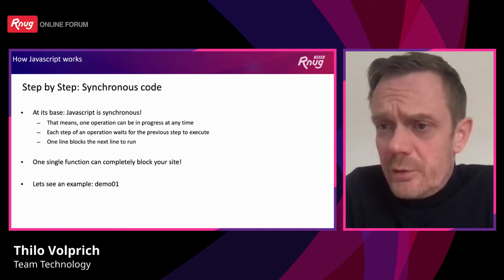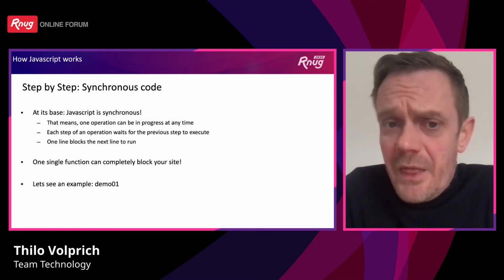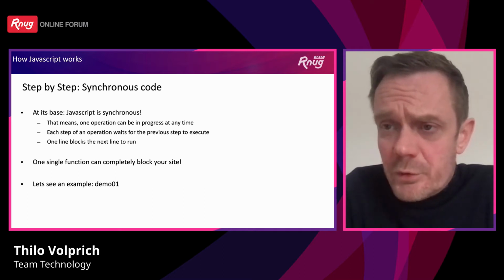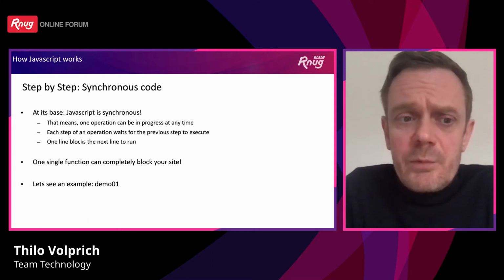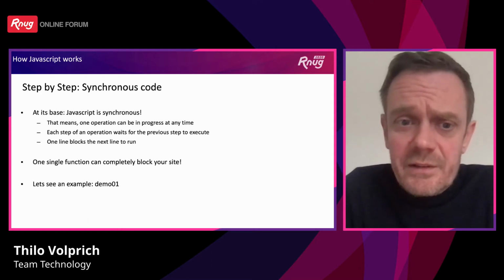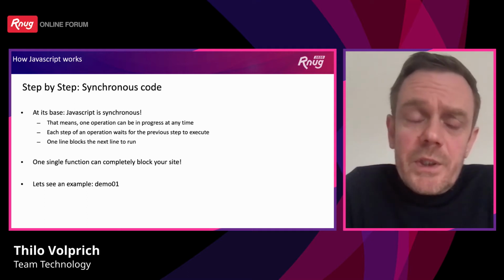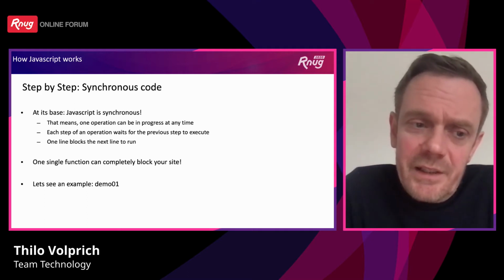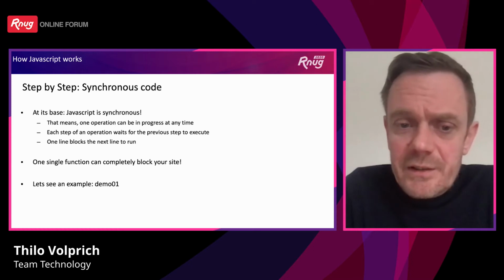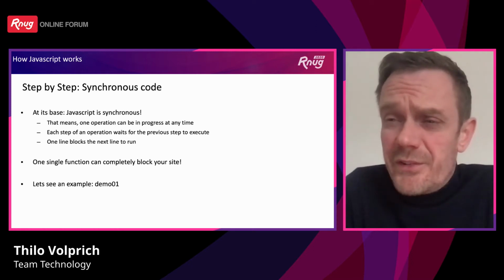So, the same as you know from other programming languages, there's one step after another, and the next line is waiting until the previous line is executed. What this means, on the other hand, is that one single function can completely block your site.